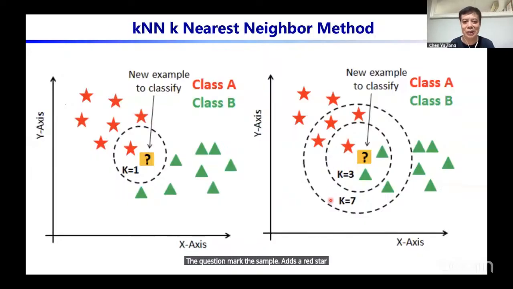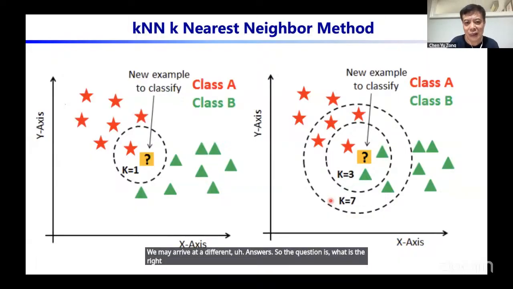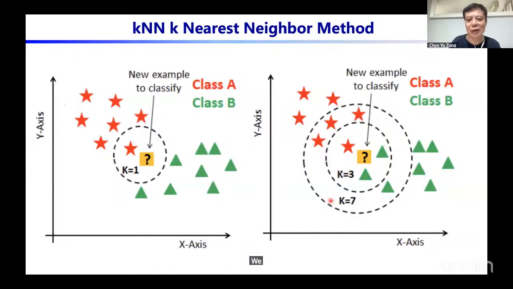So we can see that with different k values, we may arrive at different answers. So the question is, what is the right answer? That is up to the training process, because we do have a lot of data to train KNN to determine which is the best k.